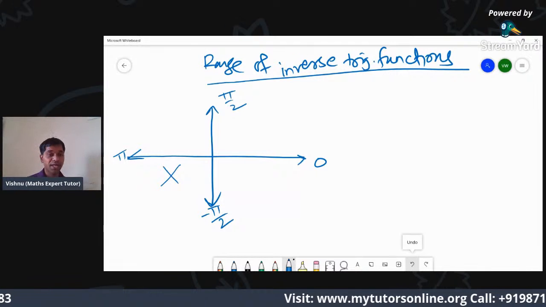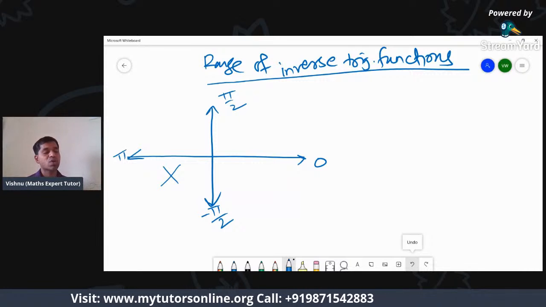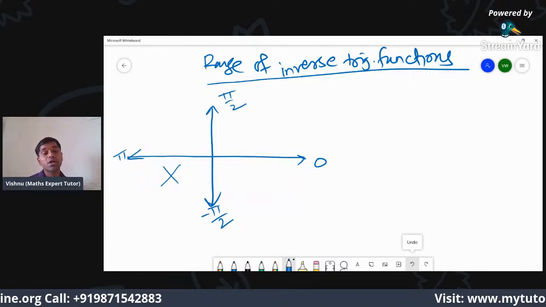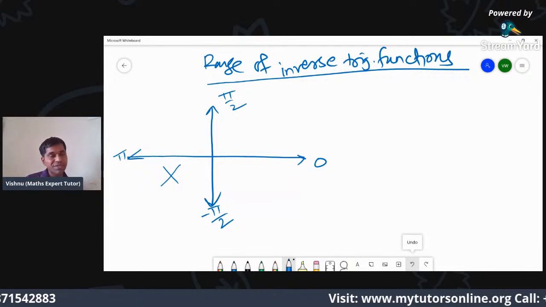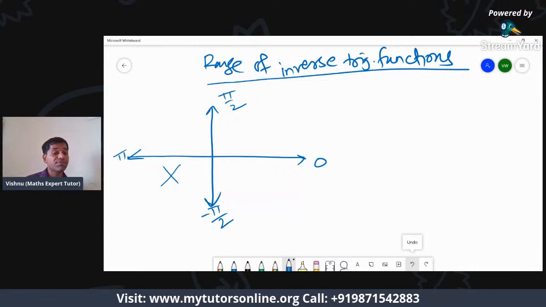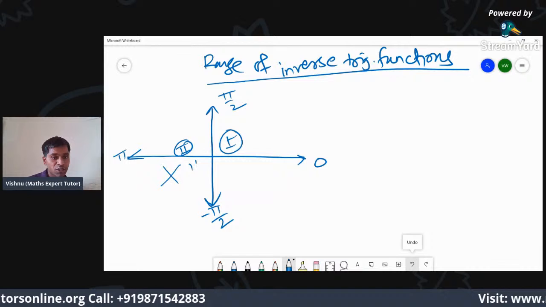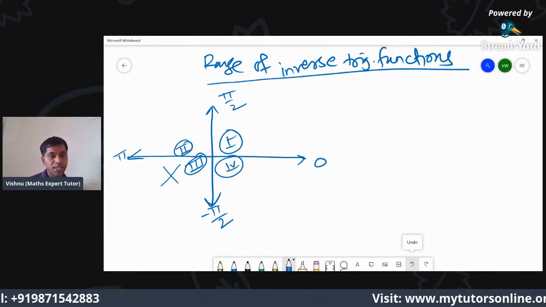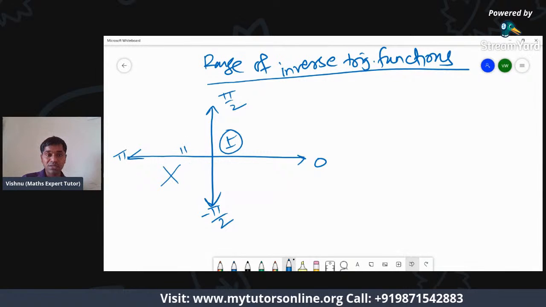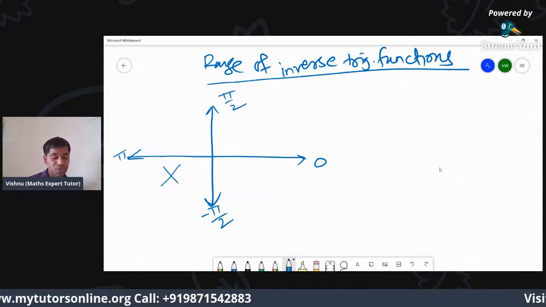Whether it is sine inverse, cos, or whatever, it does not have anything to do with the third quadrant. Whatever the range is, it is in the first, second, or fourth quadrant. This is first, this is second, this is third, so nothing to do with third, and this is fourth. Just remember that the third quadrant has nothing to do with range and domain for inverse trigonometric functions.